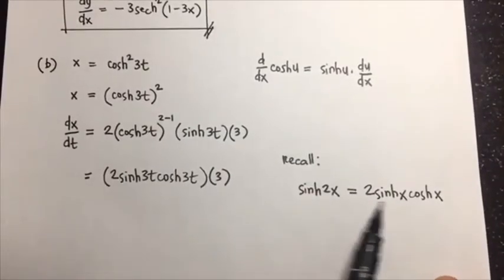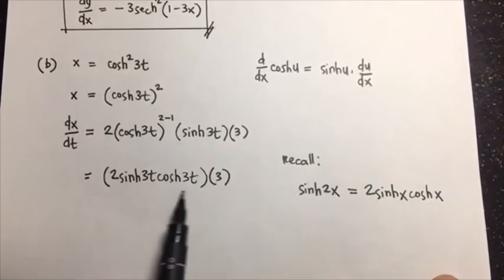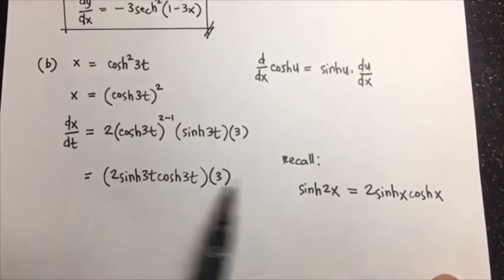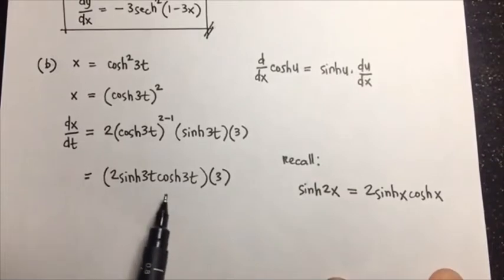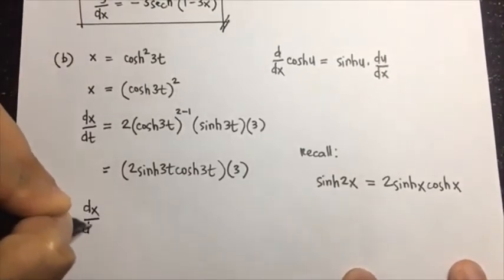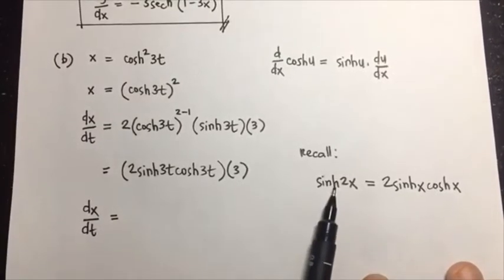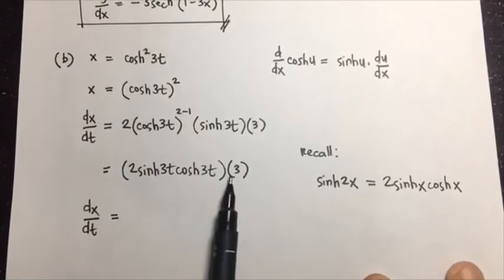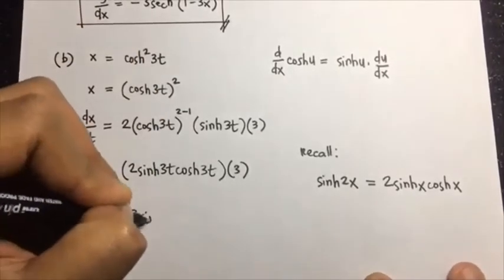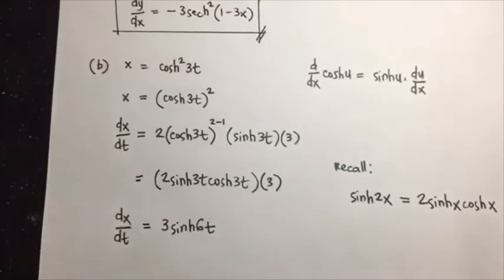So this can be expressed with our x here being 3t, therefore 2x is equal to 6t. So this can be replaced with hyperbolic sine of 6t, and then multiplied by 3, so it becomes 3 hyperbolic sine of 6t.